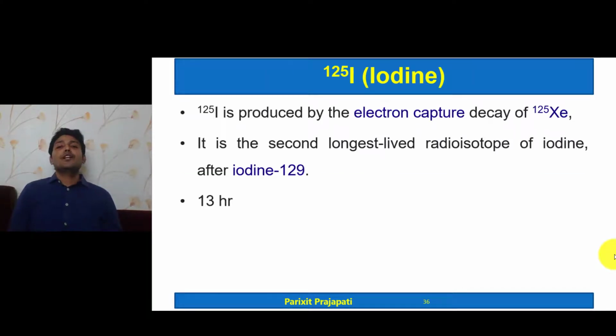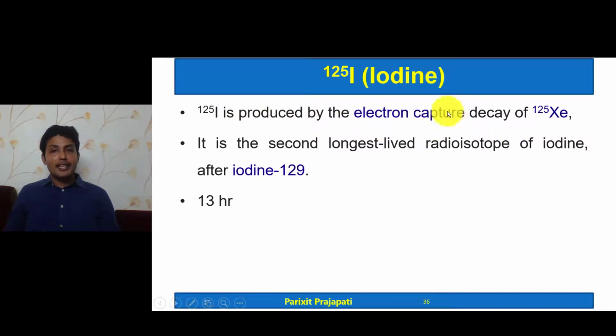So iodine 125. There are other isotopes of iodine, but iodine 125 has the second longest life among all the isotopes of iodine, after iodine 129. Iodine 129 is the longest-lived radioisotope. How is it produced?